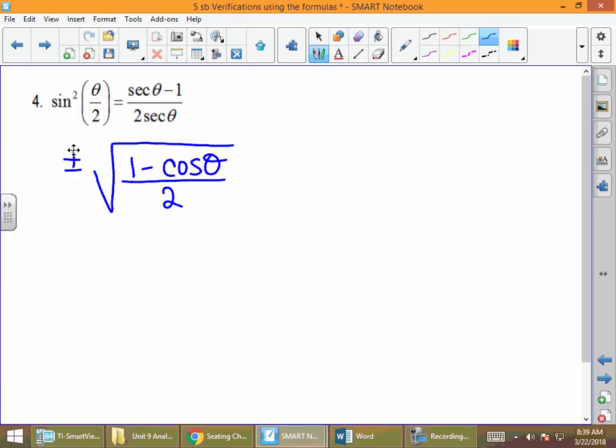But luckily, it doesn't say the sine of theta divided by 2. It says sine squared of theta over 2. We have to square that. And for some of you, you're thinking, well, what am I going to do with that plus or minus?